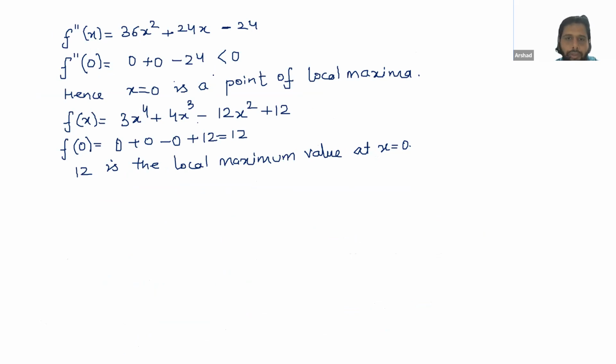If we get a positive answer, we will say this is a point of local minima. Is it fine now, Abdul? Yes, sir. Okay, great. For 0, I have already checked for you. Now please check for 1 and -2 and let me know whether it's a local maxima or minima, and also find the local maximum and minimum value.